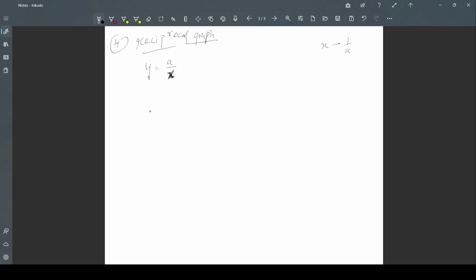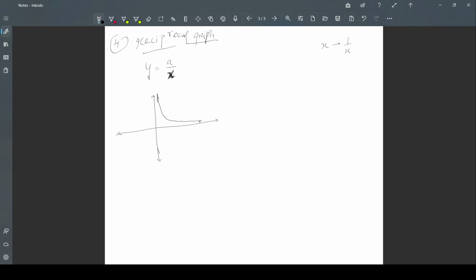So how does it look? You don't have to go deep inside this graph, but let us briefly discuss how it looks. If in the reciprocal graph we have the variable x in the denominator, then we will have this type of graph.